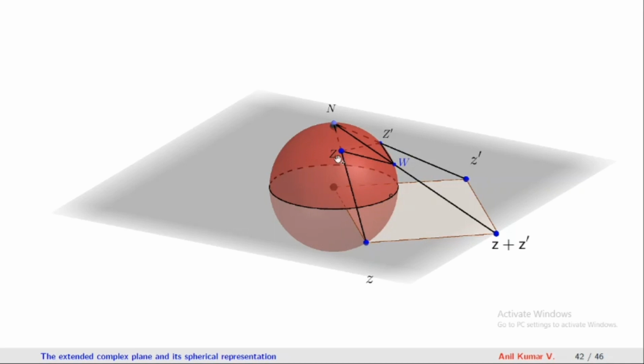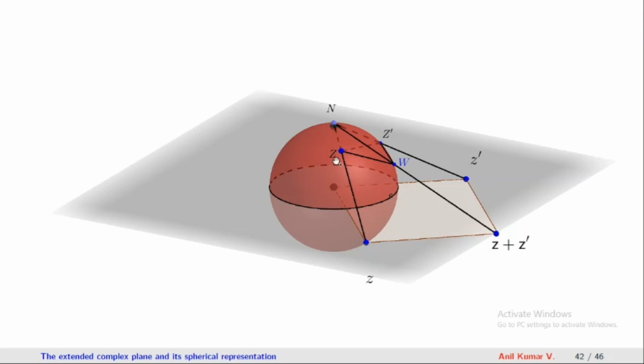Here capital Z is the spherical image of the point z, and capital Z prime is the spherical image of z prime, and W is the spherical image of the complex number z plus z prime.